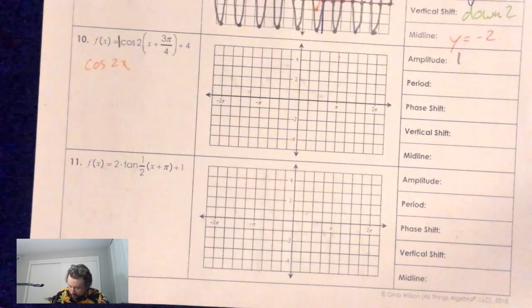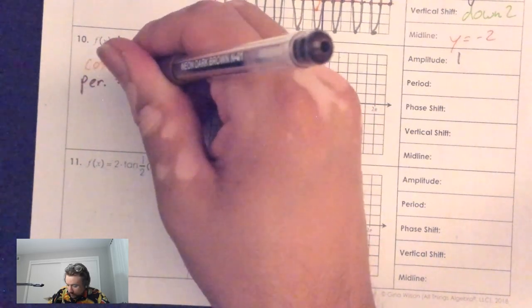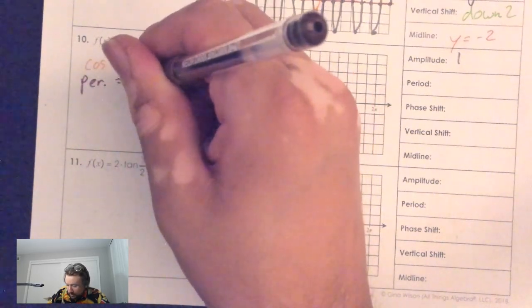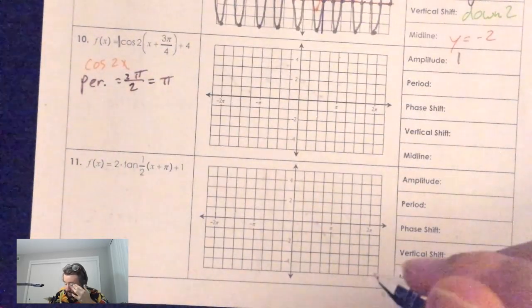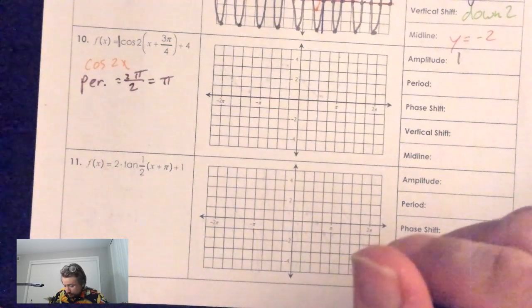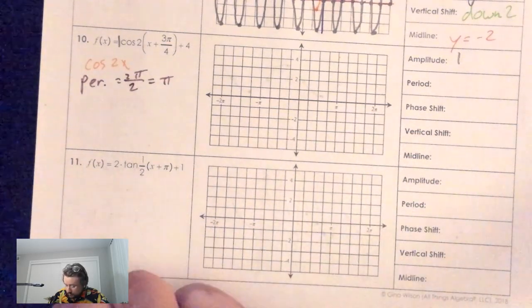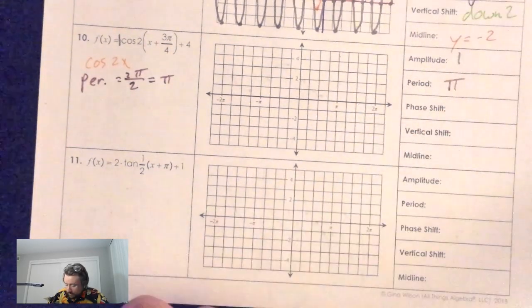Its period is going to be equal to 2 pi over b, which is 2. So 2 pi over 2, which is pi. And then we have enough to graph the untransformed one.